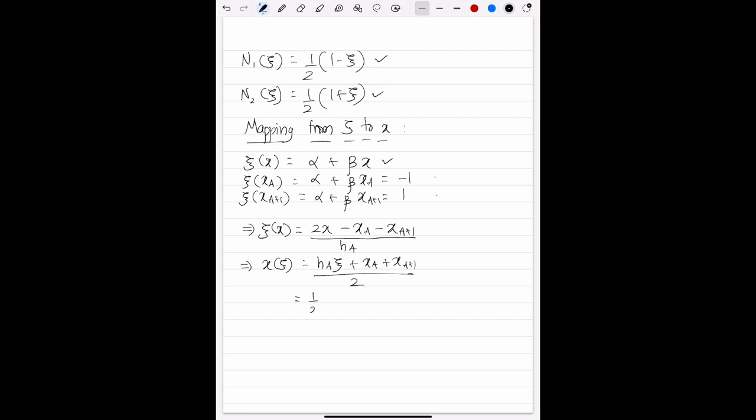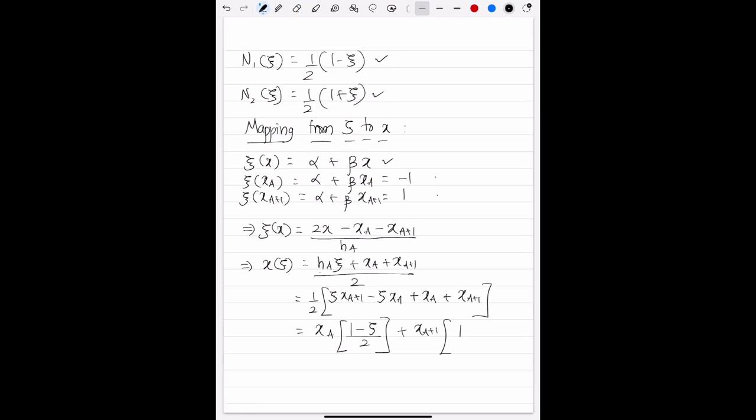Now this can be simplified as half multiplied by psi times xa plus 1 minus psi times xa, because ha is xa plus 1 minus xa, plus xa plus xa plus 1, which can be further expressed as xa multiplied by 1 minus psi by 2 plus xa plus 1 multiplied by 1 plus psi by 2.